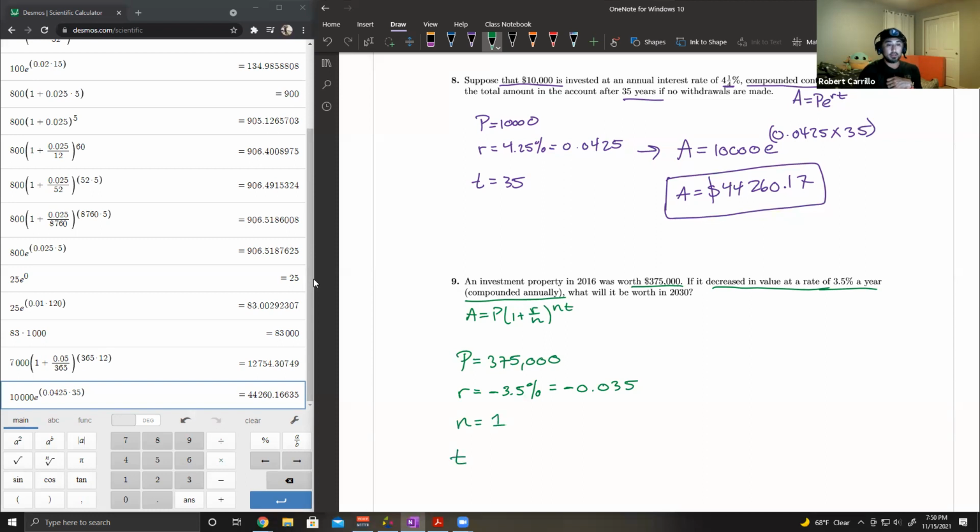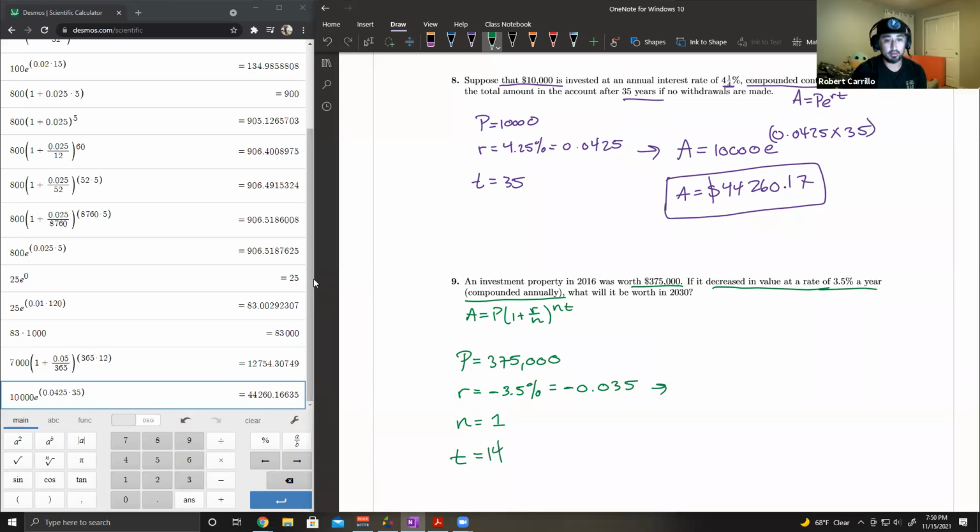And we are doing this if it was in 2016 and now we're in 2030. How many years is that? Or what's the difference in years? 14. 14. There we go.